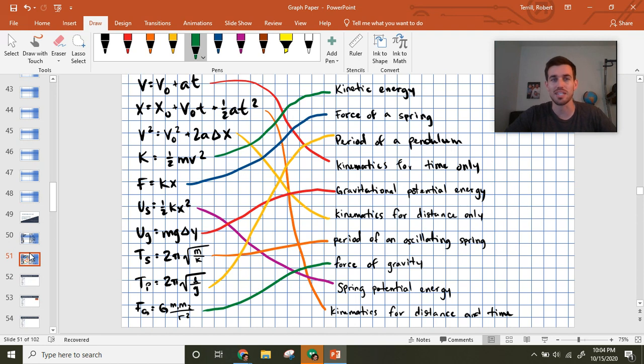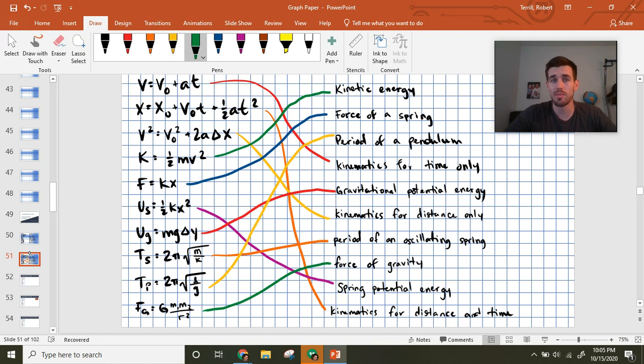But just to run down the list of variables here, our formula at the very top is a kinematics formula, but one that uses only time. It doesn't care about distance. Our next formula is again kinematics, but this one has both time and distance in it.